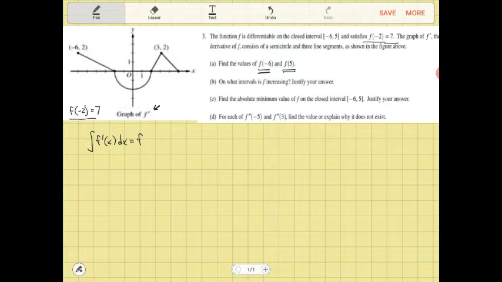The antiderivative of a derivative will give you just the function itself. Now, we don't know what the function is. We don't have an expression for the derivative. So we can't just integrate to get an expression for the function itself.